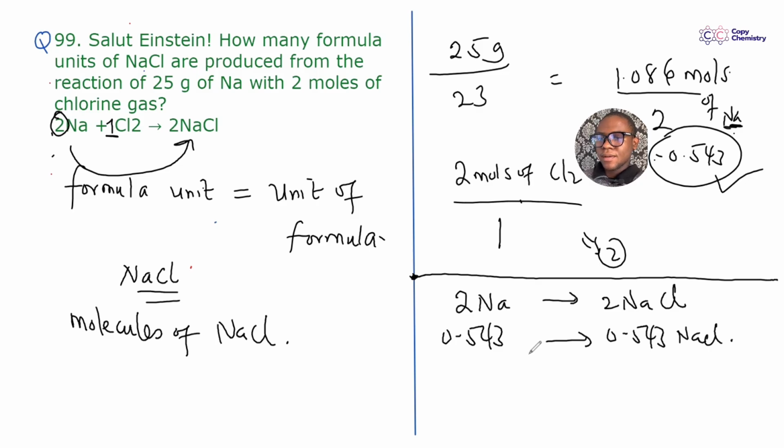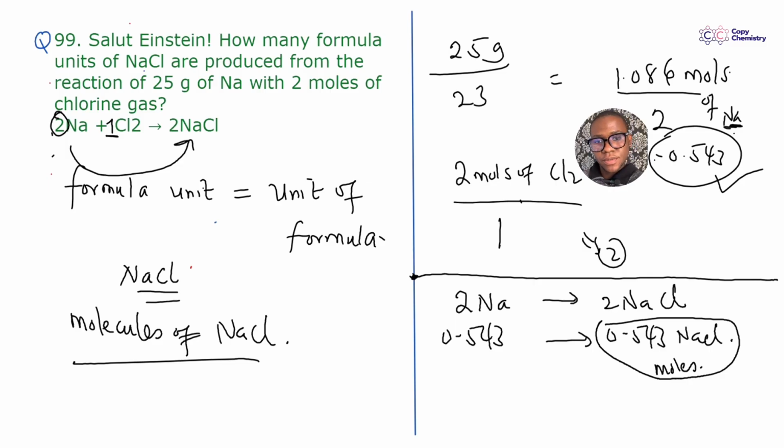We can write this as moles. But the question is asking how many molecules of NaCl. We know how many moles of NaCl, we just need to convert that moles to molecules.